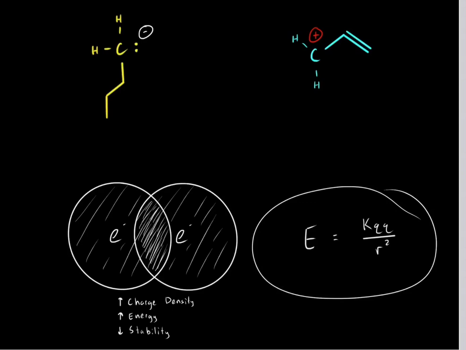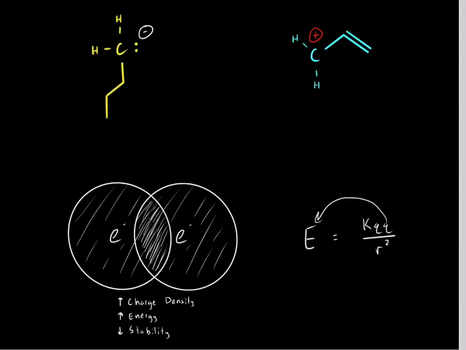And in fact, we know with Coulomb's law, the closer the 2 charges are, the higher the electric potential energy in the system. And again, that's physics, don't worry about it too much, but the point is, if we squish these 2 negatively charged electrons nearby each other, we're going to have this region of very high negative charge density, which is very energetically unfavorable, and this is unstable.